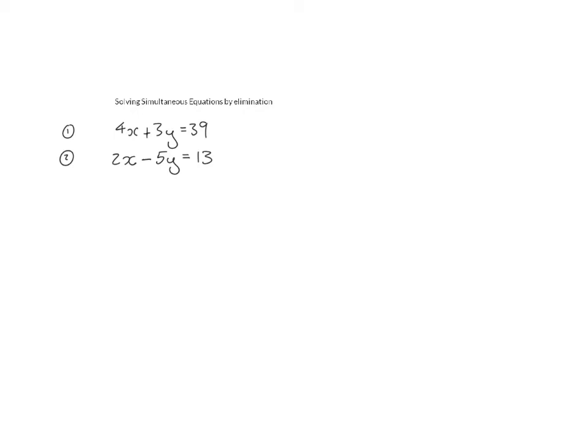The other way you could do it, you could multiply this one by 5 and this one by 3, and that would do it as well. But we're going to do Cecily's way because I think it's the easiest.